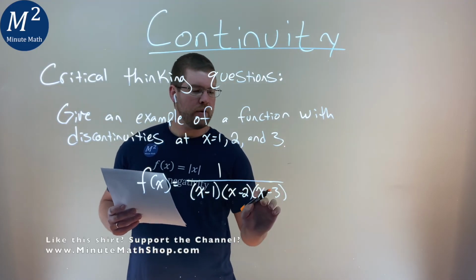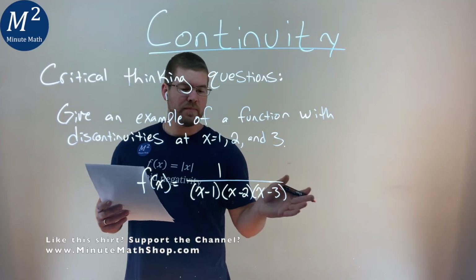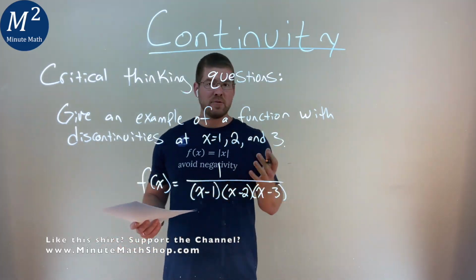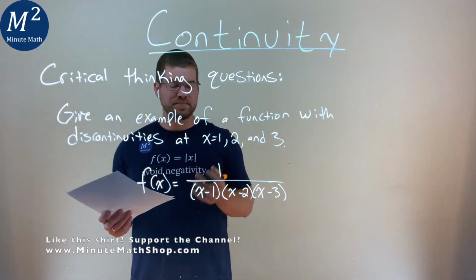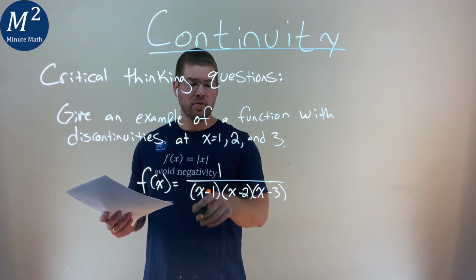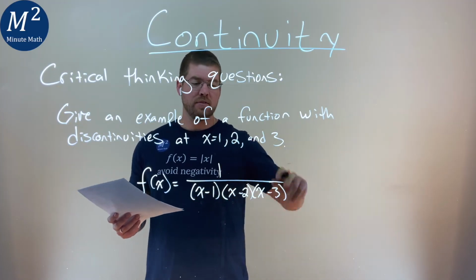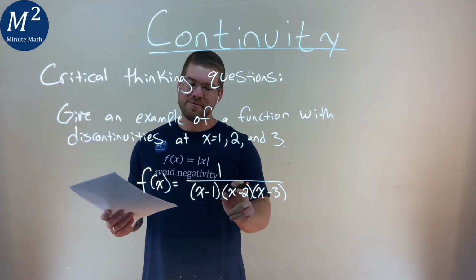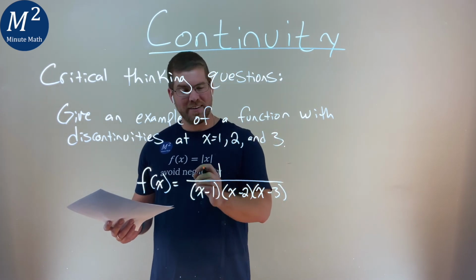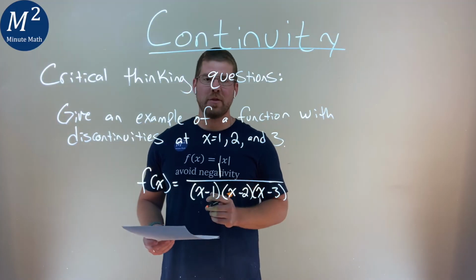Put a 3 in for x, that becomes 0, we're dividing by 0. And so that's it. There are many answers here, but here's an example of one. f of x is equal to 1 over x minus 1 times x minus 2 times x minus 3 is an example of a function with discontinuities at x equals 1, 2, and 3.